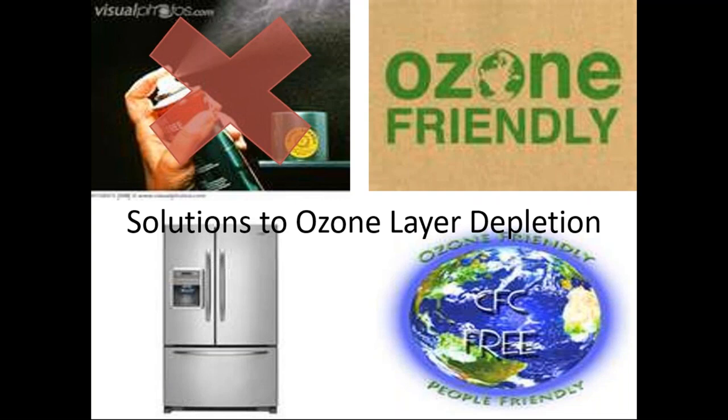So there's been a ban on CFC. In fact, chlorofluorocarbon was banned on January 1st, 1996. That was when they banned it worldwide, that chlorofluorocarbon should no longer be used. Rather, get ozone-friendly substances for your propellants, refrigerants, spray foams, and the rest of them. So that's number one solution to ozone layer depletion.